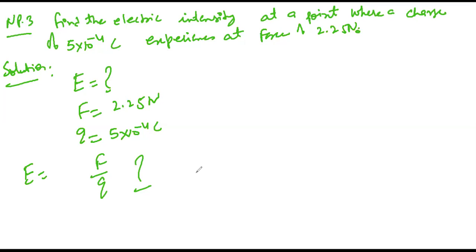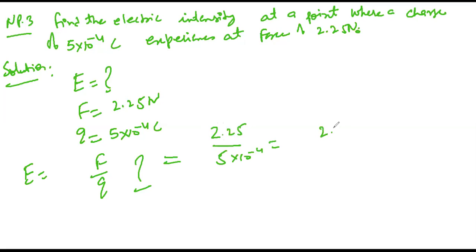Finished? You'll be substituting like this at the place of F, right? 2.25 divided by 5 into 10 to the power -4.